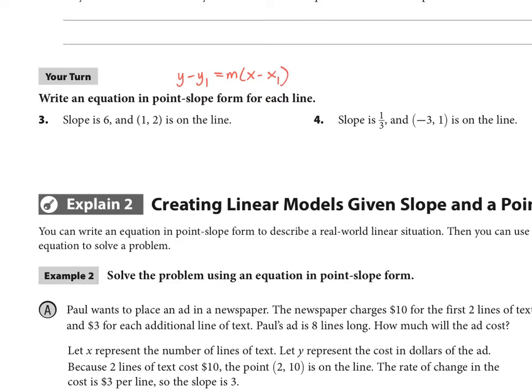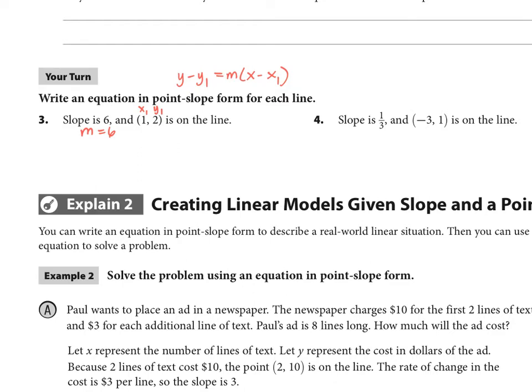We know from number 3 that the slope is 6, so that's m, and the point is (1, 2), so we label our point x1 and y1. Now it's just a matter of plugging this in correctly. So y1 is 2, m is 6, and x1 is 1.